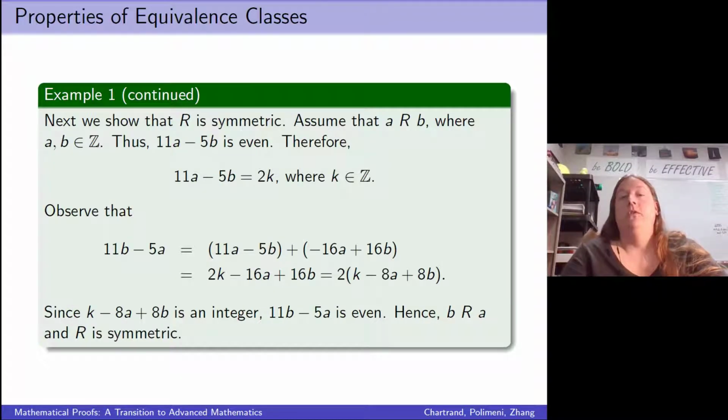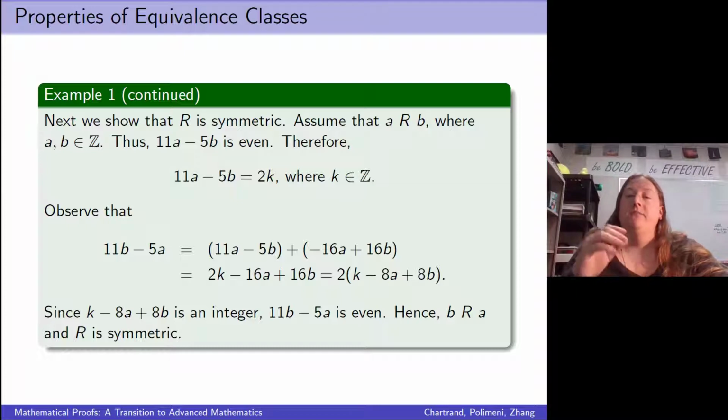Now we need to show that R is symmetric. So we're going to assume that a is related to b, and we're going to show that b is related to a. So since a is related to b, we know that 11a minus 5b is even. So we can set 11a minus 5b equal to 2k for some integer k.